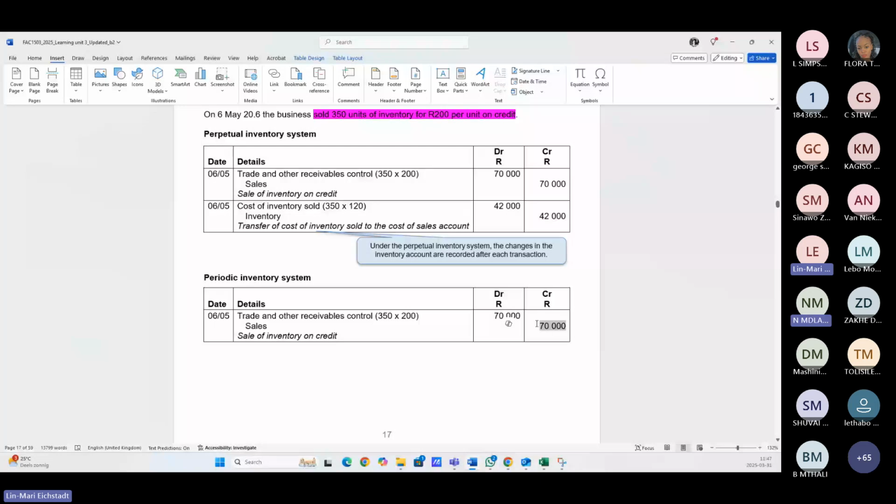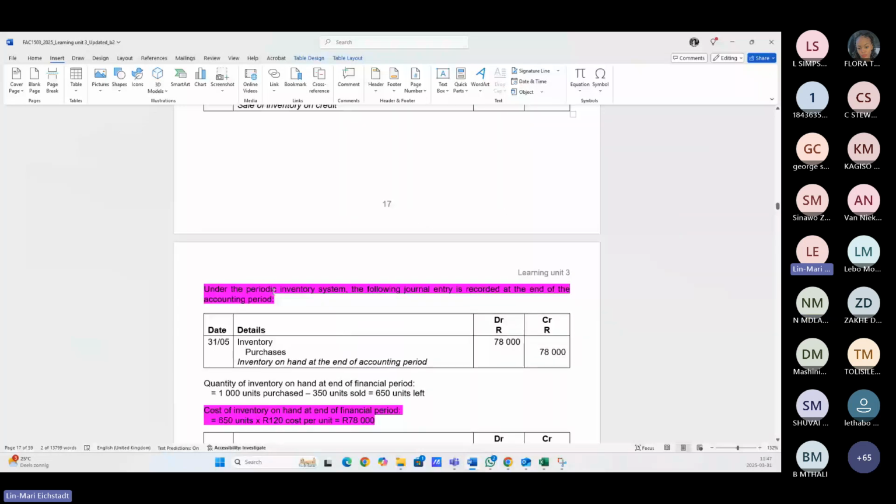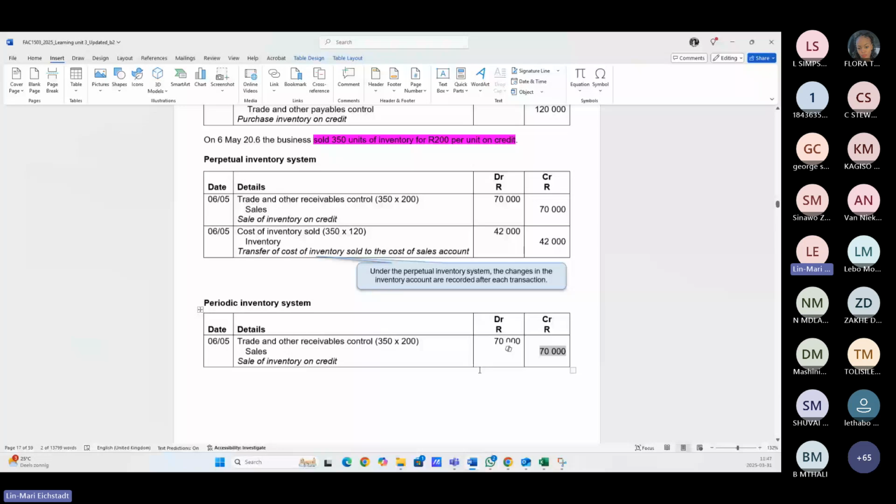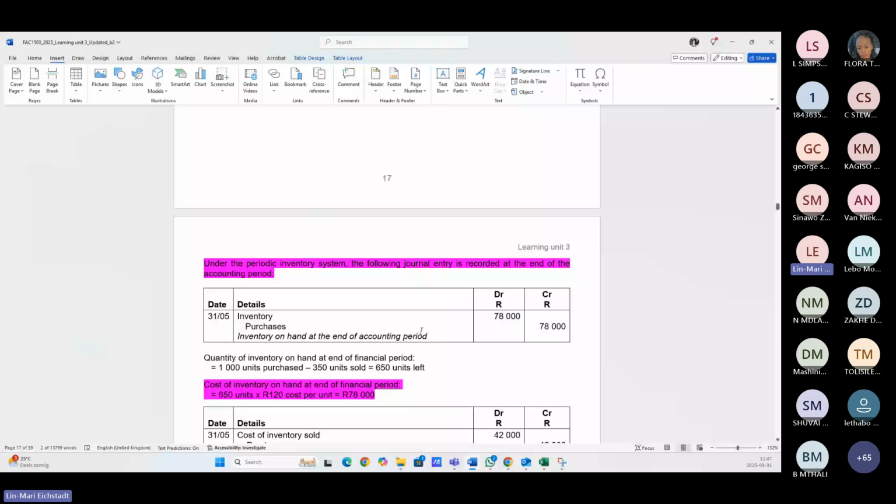But where it's different is under the periodic system, this is the journal recorded, right? So we have inventory on hand at year end of 78,000, and this would have been done by a stock count, right? And that would have gone to purchases. So the quantity of units on hand at year end would be 1,000 units purchased minus so many sold, gives us 750 units.